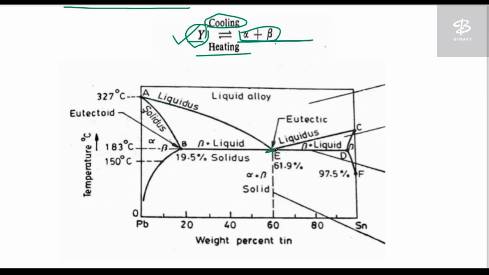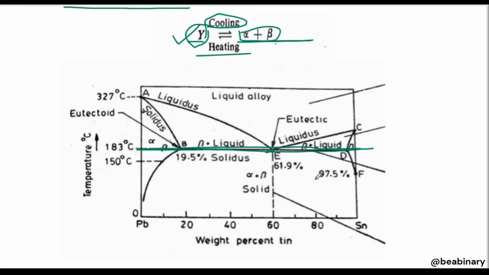Observe, if A to E is a liquidus line and E to C is a liquidus line, what about this line? This particular line throughout is a solidus line, because the material below that line is in solid state.